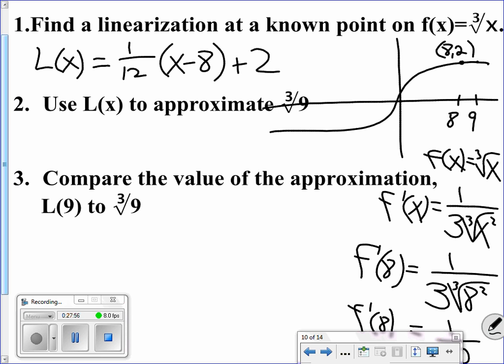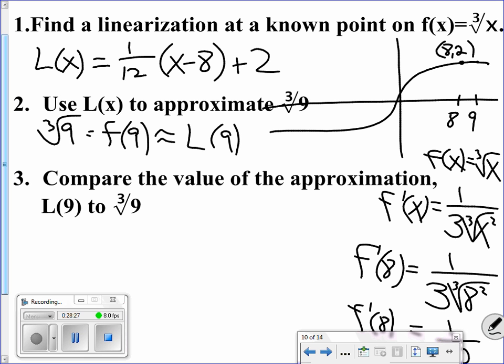Nice. Now we want to approximate f of 9. The cube root of 9 is just f of 9, right? We want to approximate that with what? L of 9. We're going to plug 9 into the equation of our tangent line. This way we won't be taking any cube roots of things we can't do. We'll only be adding and multiplying.